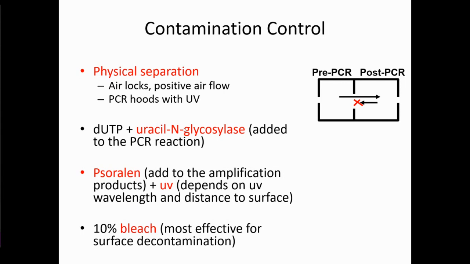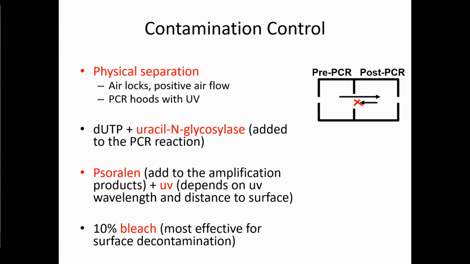You can add it to the reaction mix so that it can degrade any nucleic acid containing uracil, like contaminating PCR product from a previous reaction. Okay, so that's the UNG. Or the psoralen. So you add it to the amplification product plus UV, all right? The psoralen intercalates between the bases of double-stranded DNA in the presence of long-wave UV light.